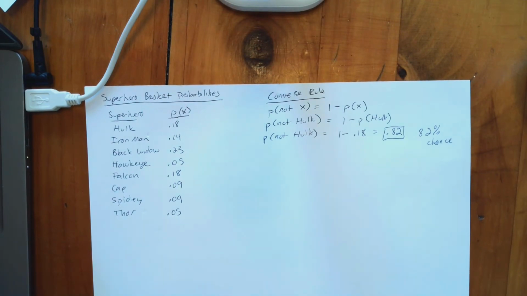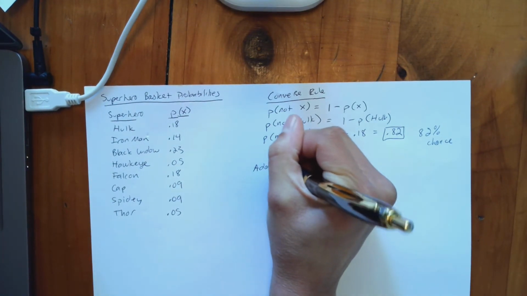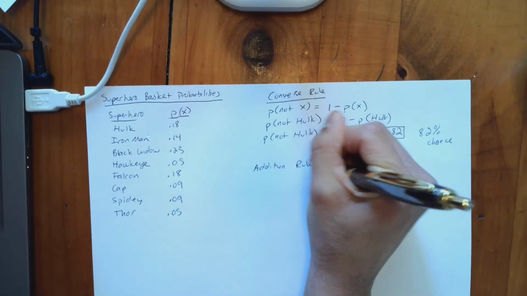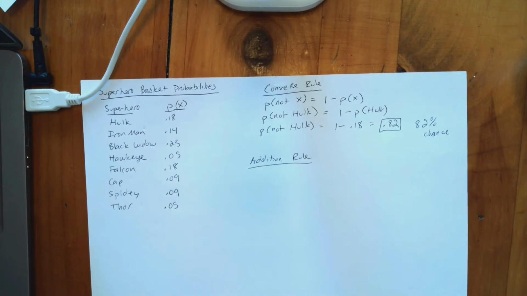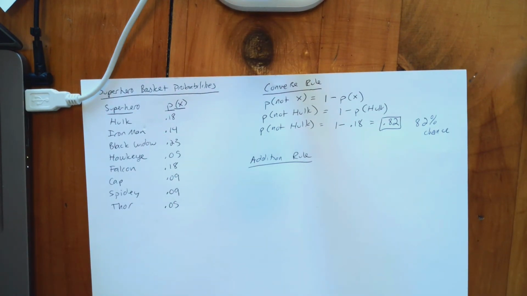We're going to move on to the addition rule next. What the addition rule tells you is the probability of having one outcome or another outcome. So again, we're still talking about one event, that's one draw out of the superhero basket, and we want to know the probability of getting one outcome or a different outcome.